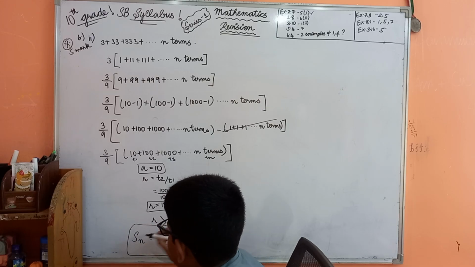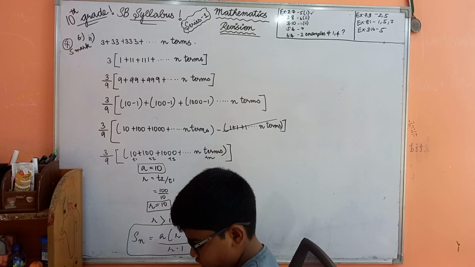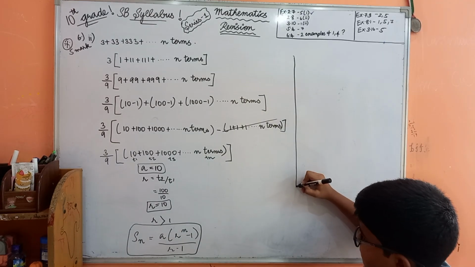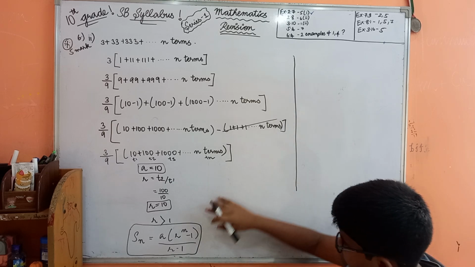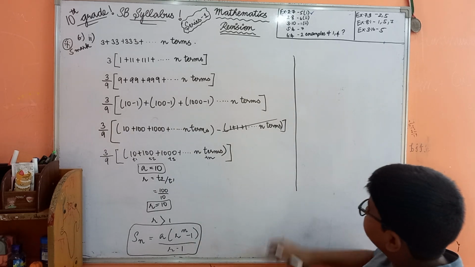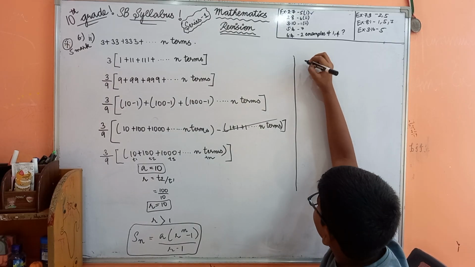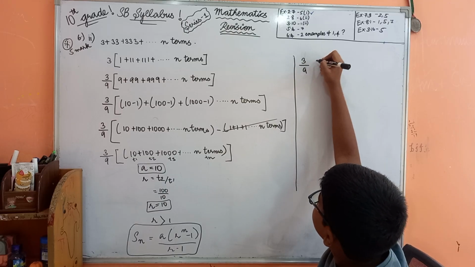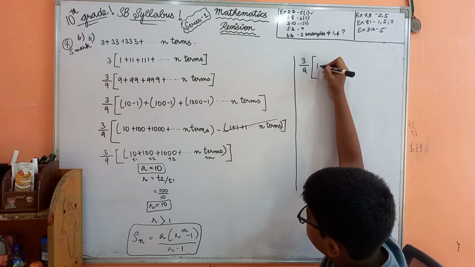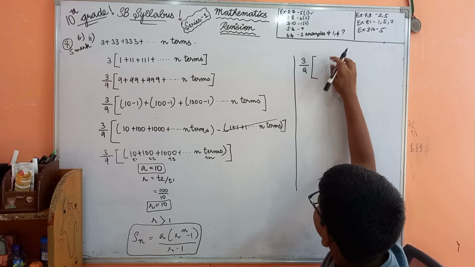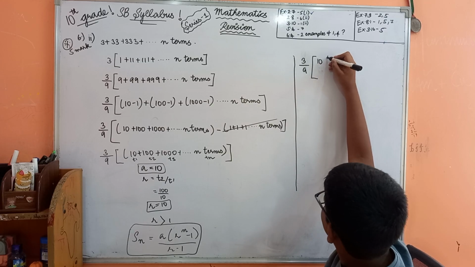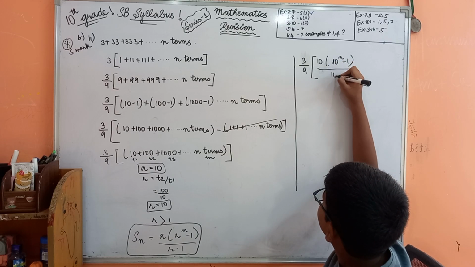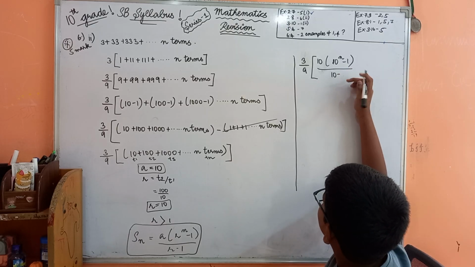We're going to substitute in this formula. So a is 10, and we have 3 by 9 outside. So 3 by 9 times 10 times 10 to the n minus 1 by 10 minus 1.